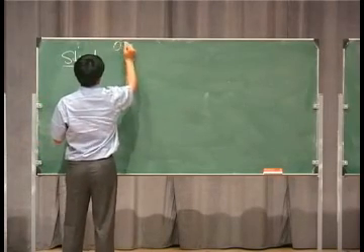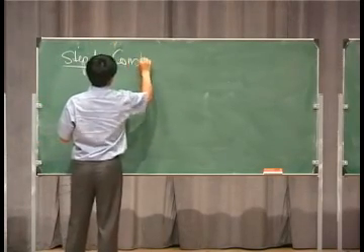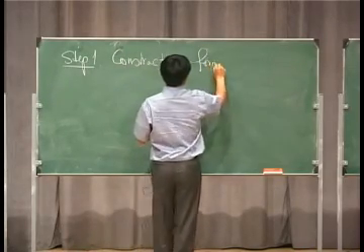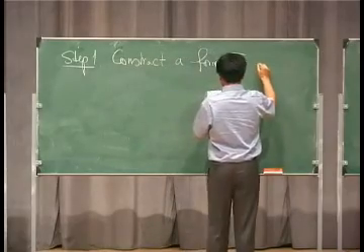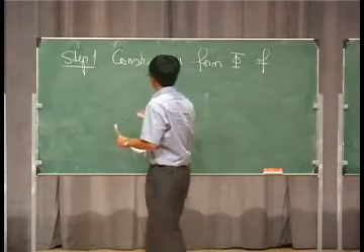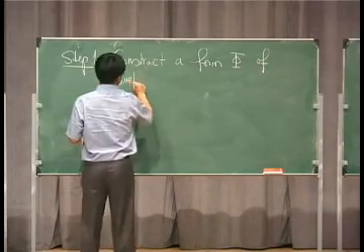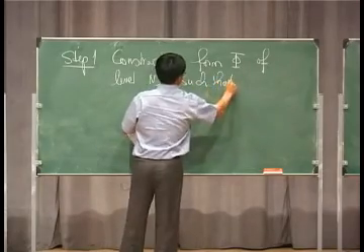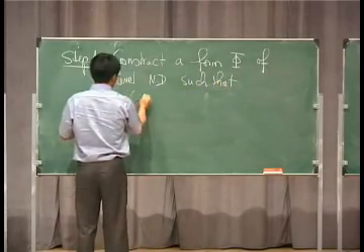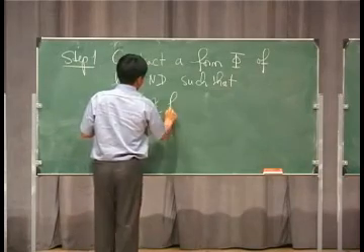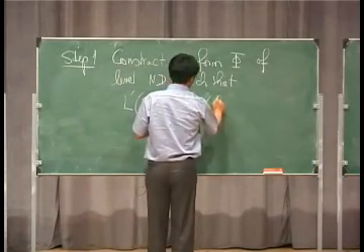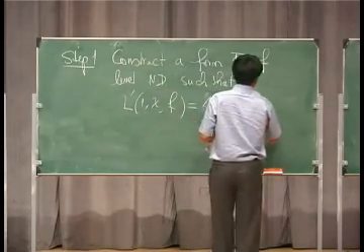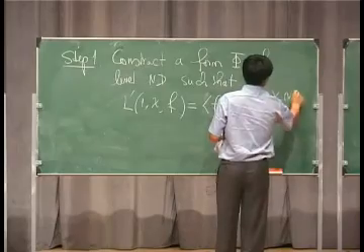So for the order case, construct a form phi of level ND such that the derivative L'(1, chi, f) is given by the inner product of f and phi of level ND. So this ND means that you calculate x naught of ND.